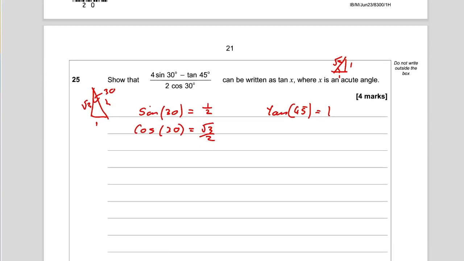Right, okay. So we've got 4 lots of a half, which is 2, minus 1, over 2 lots of root 3 over 2. So that is going to become 2 minus 1, which is just 1 over root 3.